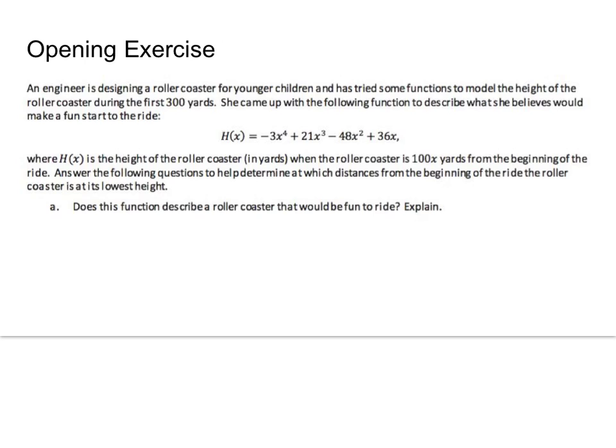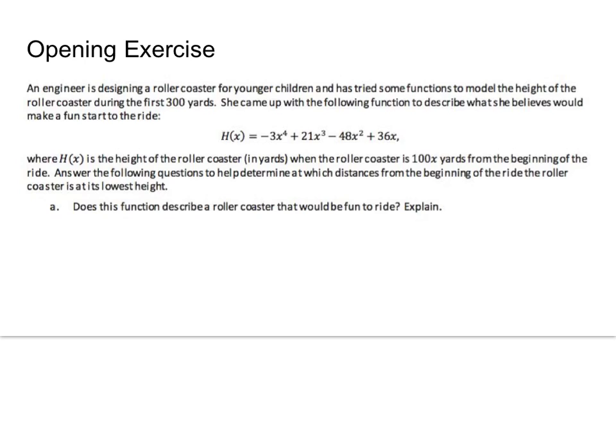First of all, an engineer is designing a roller coaster for younger children and has tried some functions to model the height of the roller coaster during the first 300 yards. She came up with the following function to describe what she believes would make a fun start to the ride. It's h of x equals negative 3x to the fourth power plus 21x to the third power plus 48x to the second power.